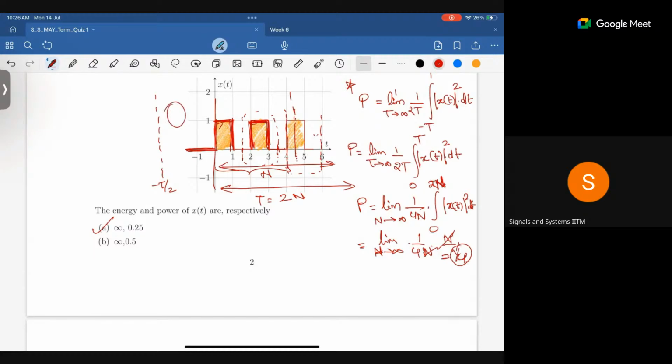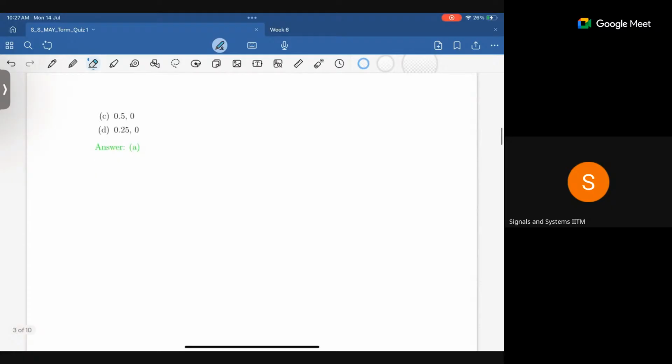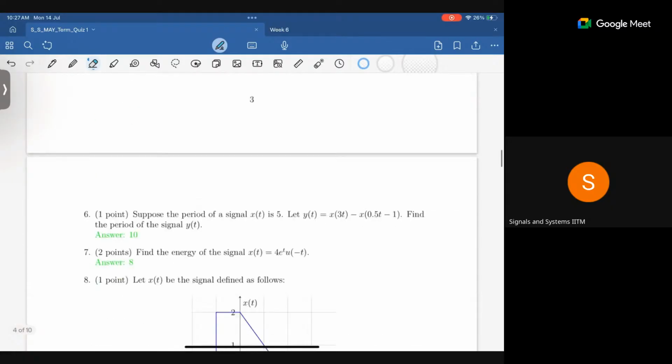So only half of the side has half of the signal, so it's like half into half, 1 by 4. That way also you can see that it is 1 by 4, right? So you'll get 0.25.